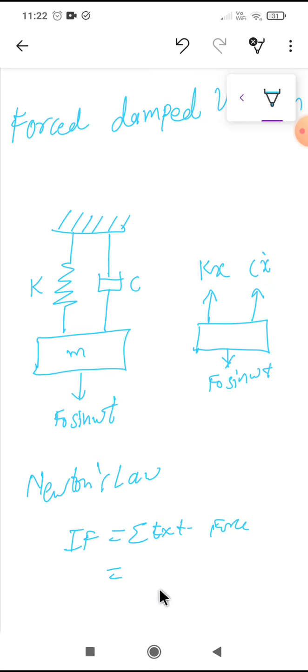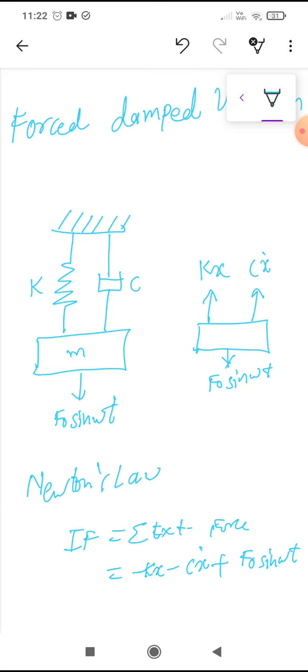Taking upward as negative and downward as positive, I am left with minus kx minus c x dot plus f0 sine omega t. So these are all the forces acting on this body.